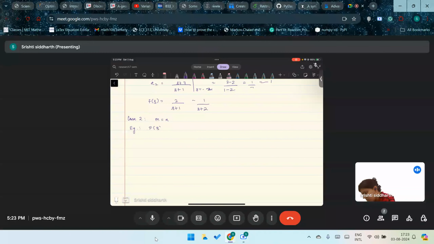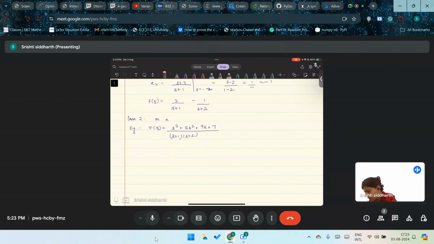The transfer function is (s cubed plus 5s squared plus 9s plus 7) upon (s plus 1)(s plus 2).